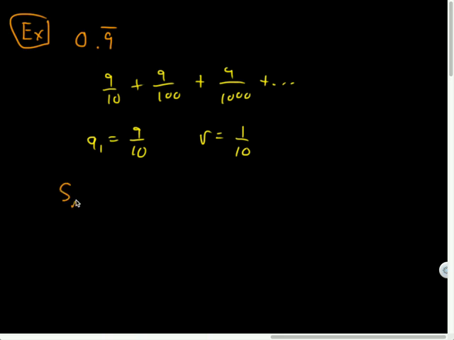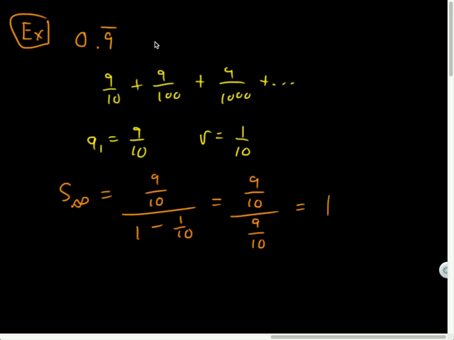The sum of infinitely many terms is 9/10 divided by 1 minus 1/10, which is 9/10 over 10/10 minus 1/10, which is 9/10. And what is 9/10 divided by 9/10? 1. So apparently, as a fraction, 0.9 repeating is written as 1. You could write it as 1 over 1 if you want.